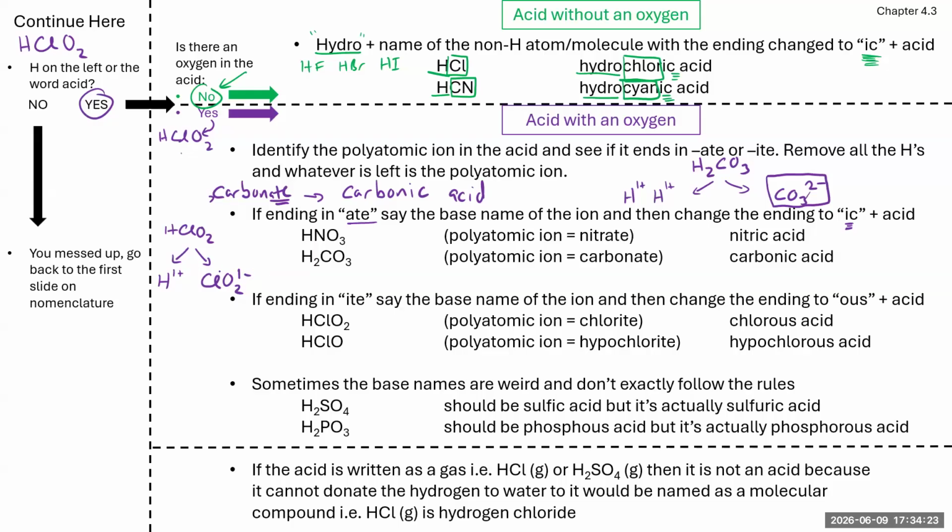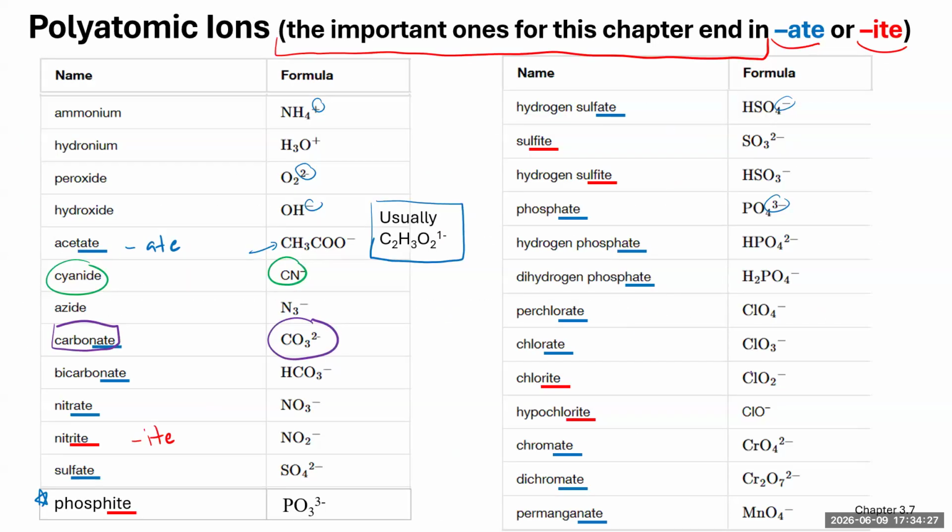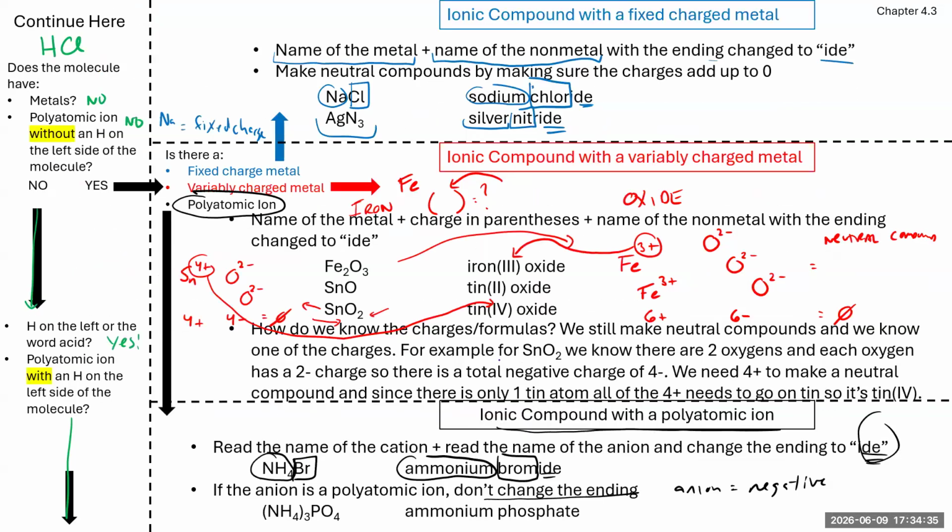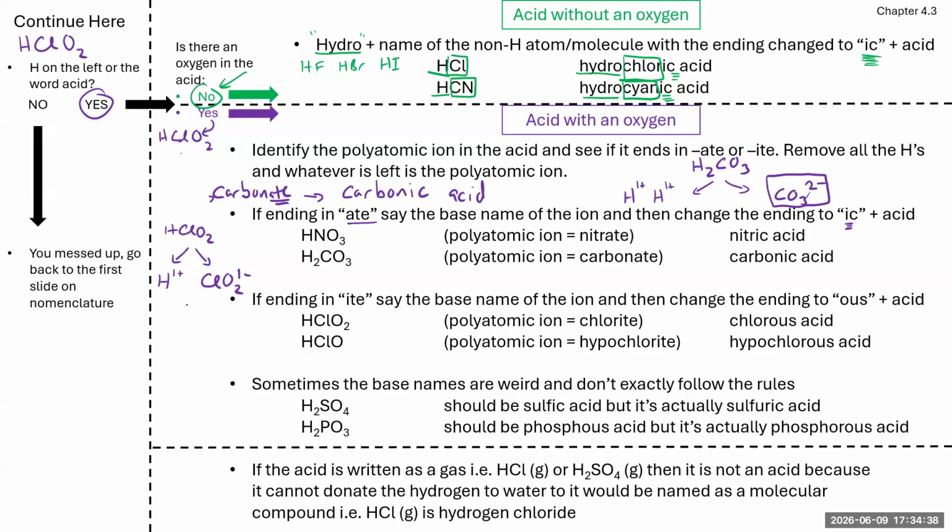So let's look for this. ClO2 1 minus. That's chlorite with an ite.